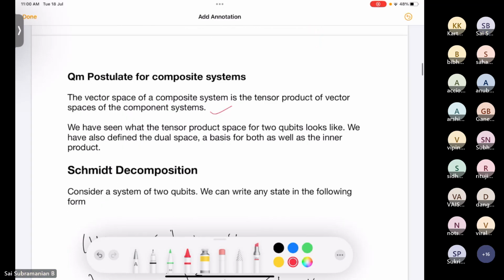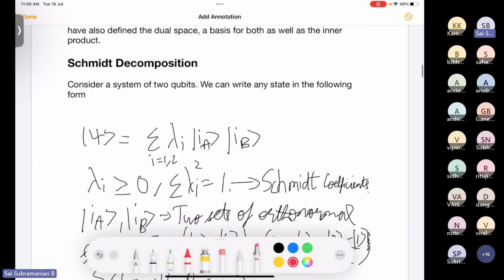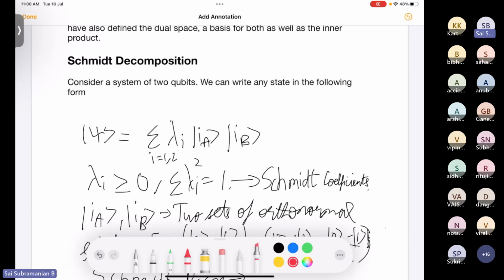So now the next topic that we will be covering is called the Schmidt decomposition. This is a way to understand 2 qubit systems better. But I will also tell you that this is not very important to follow the rest of the session, and it might look very different for people who have not done a lot of linear algebra.